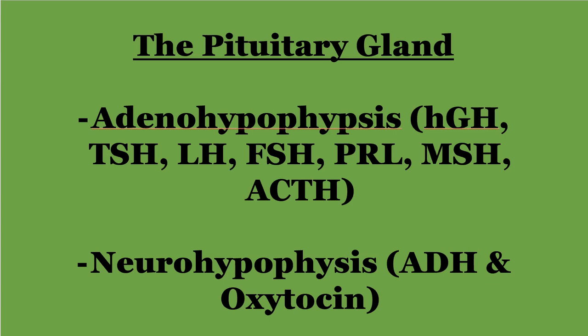And then we have the adrenocorticotropic hormone, which that's going to be with the corticotrophs. This one is going to be like for cortisone and different things of that nature.